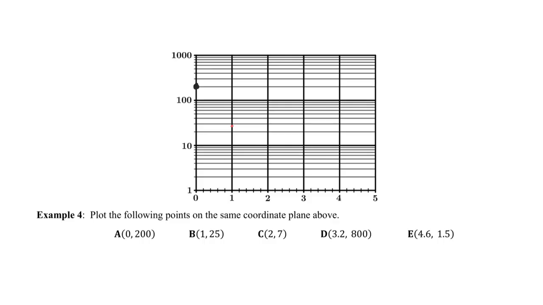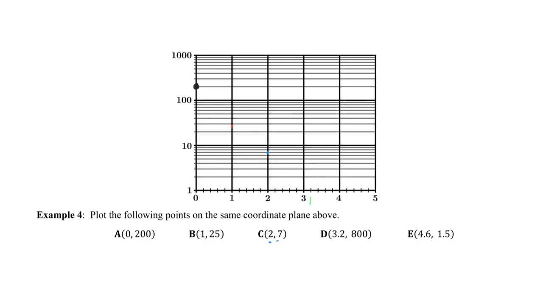(2, 7), let's do C. Well, 2 is a good number, 7 is a good number. So there's 2. If I was right here, this would be 1, 2, 3, 4, 5, 6, 7. I have to be able to see which one is 7. I think that one was 7. Again, hard to see. Uh-oh, D is 3.2. 3.2 is not one of my numbers, but they gave me these awesome dashes, and to get from 3 to 4, they cut it into fifths, which is 0.2s.